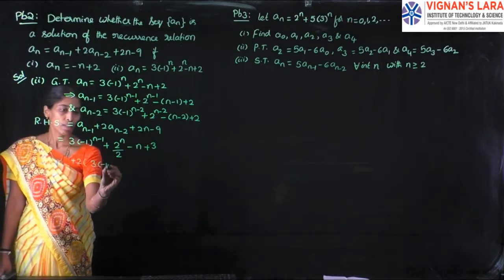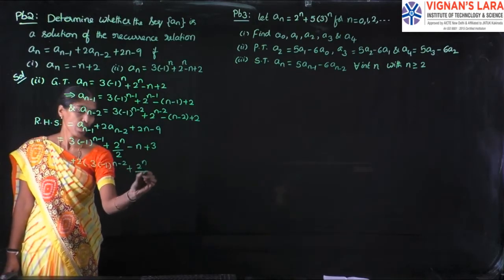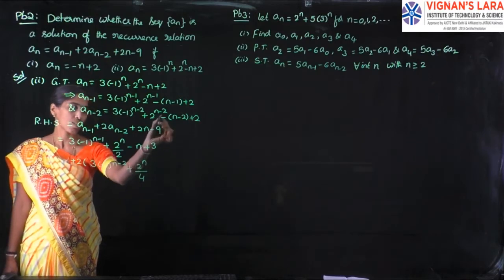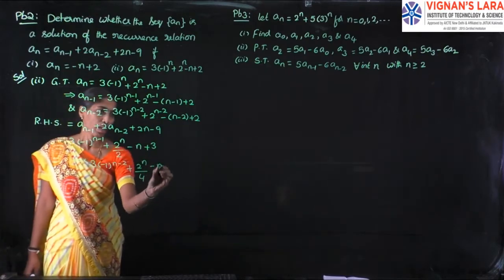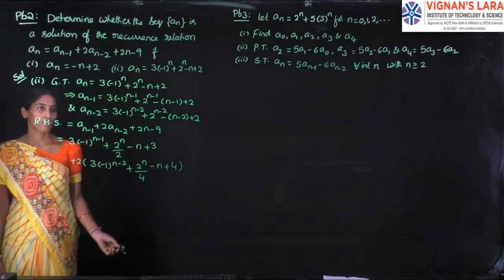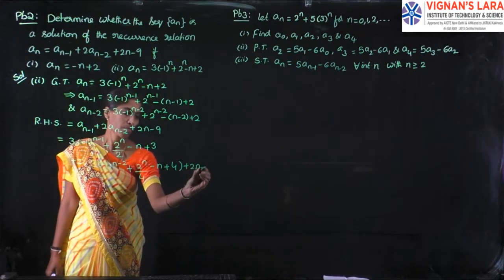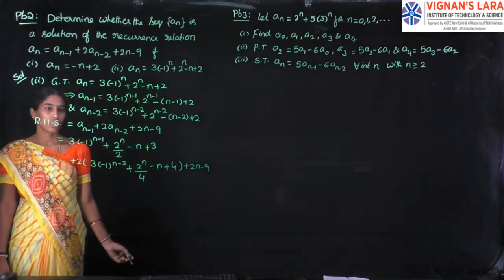It is 3(-1)^(n-2) + 2^n/2 squared, which means 4, minus (n-2), minus n plus 2 is plus 4. Right. So what are the remaining terms? Plus 2n - 9. Right.